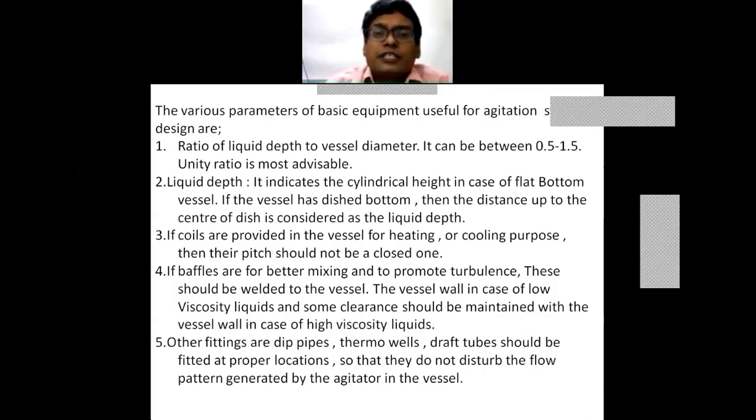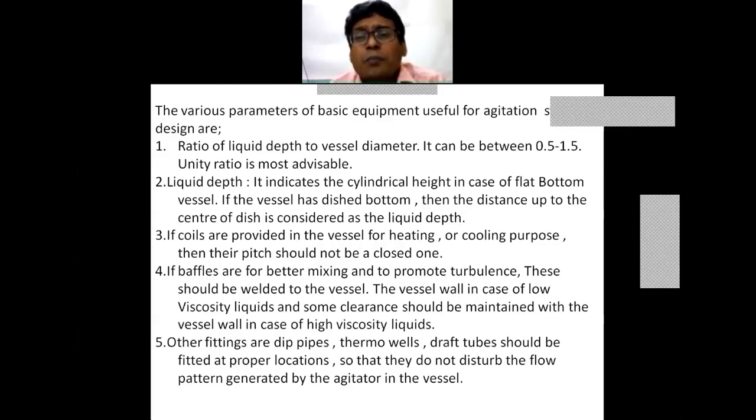Now coming to the various parameters of the basic equipment useful for agitation system design, that is, the ratio of design parameters to be looked at. So the ratio of liquid depth to vessel diameter, that is your L by D ratio, and generally an L by D ratio equal to 1 is preferred for stirred tank reactors, or where reactions are taking place.